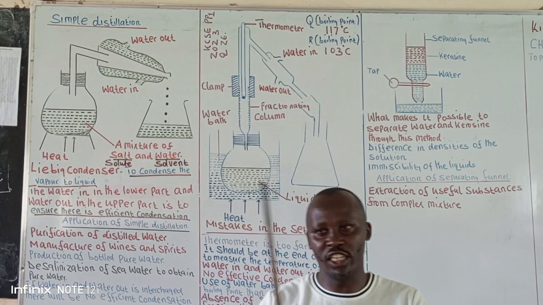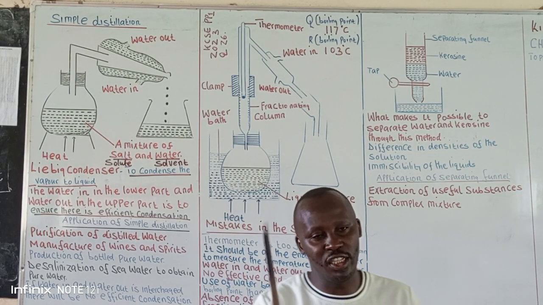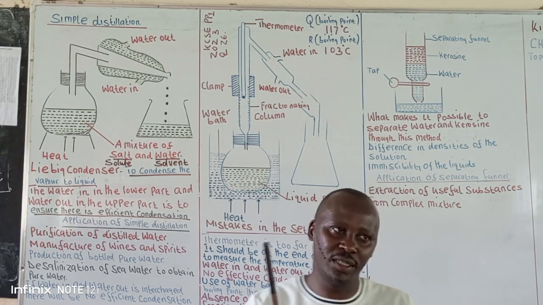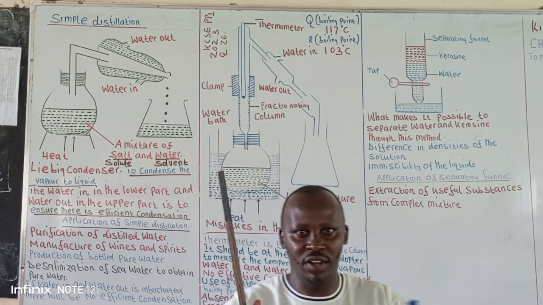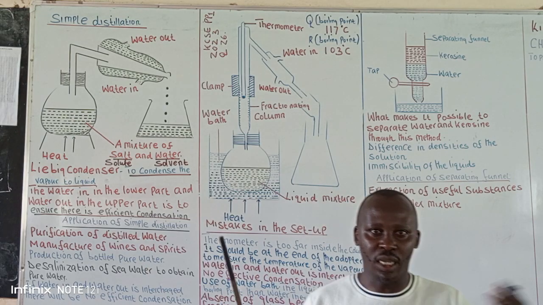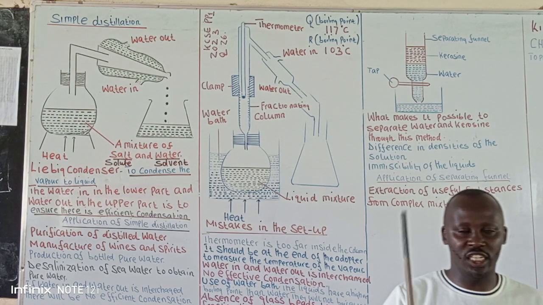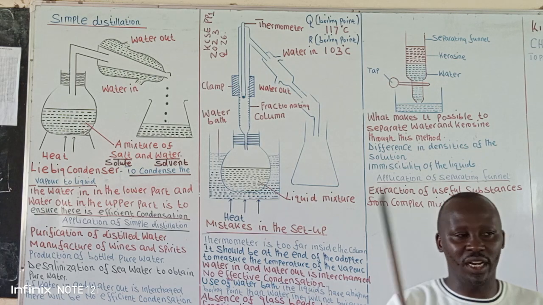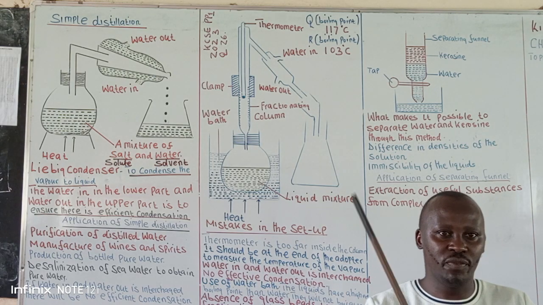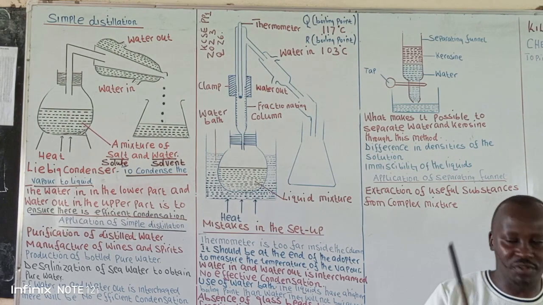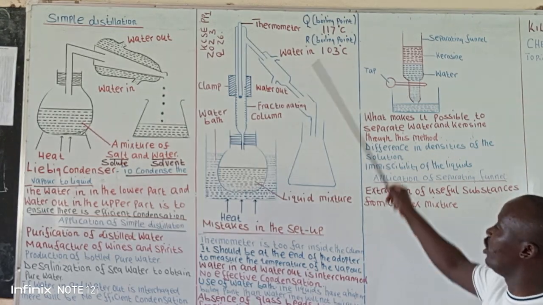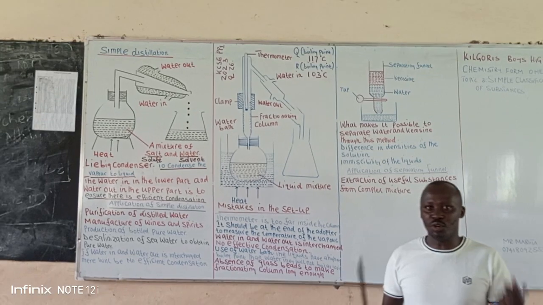Simple distillation is normally used to separate substances which have very wide boiling points, and fractional distillation is normally used to separate substances which have close but different boiling points. So in 2023, there were two questions here.